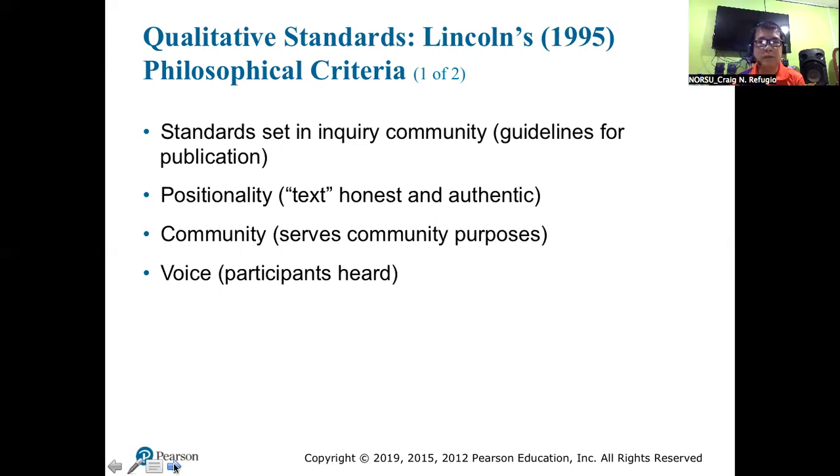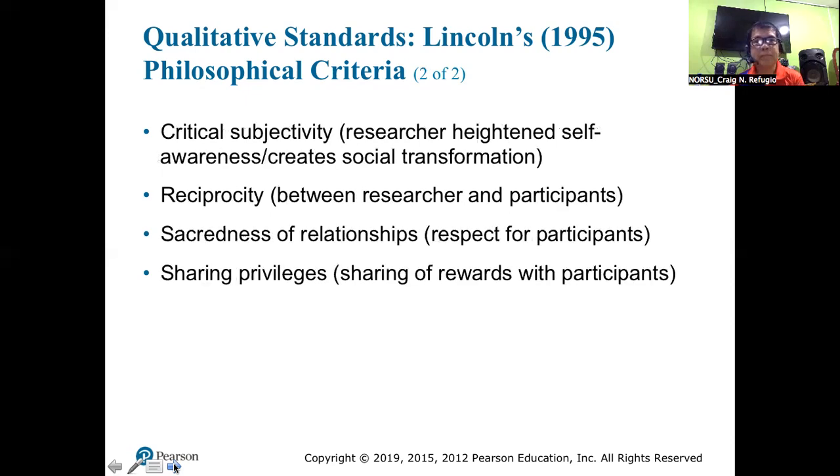Community, serves community purposes. Then the voice, participants are actually being heard. Critical subjectivity, researcher heightens self-awareness, creates social transformation, reciprocity between researcher and participants, sacredness of relationship, respect for participants, between researcher and participants, and even between and among participants, sharing privileges, sharing of rewards with participants.